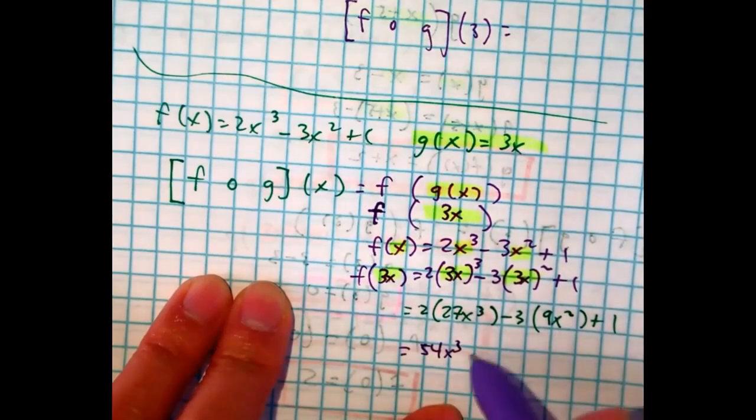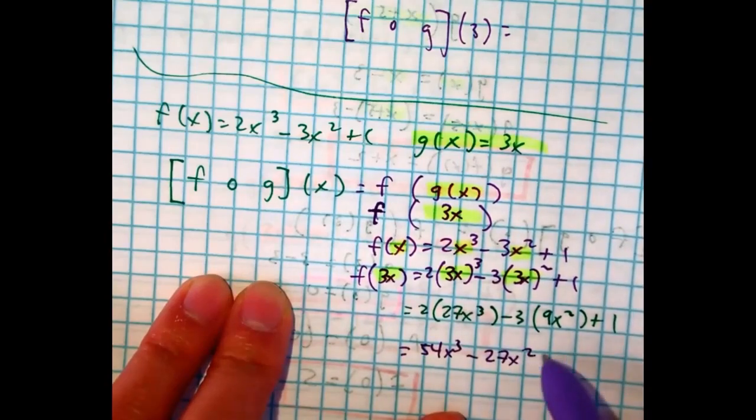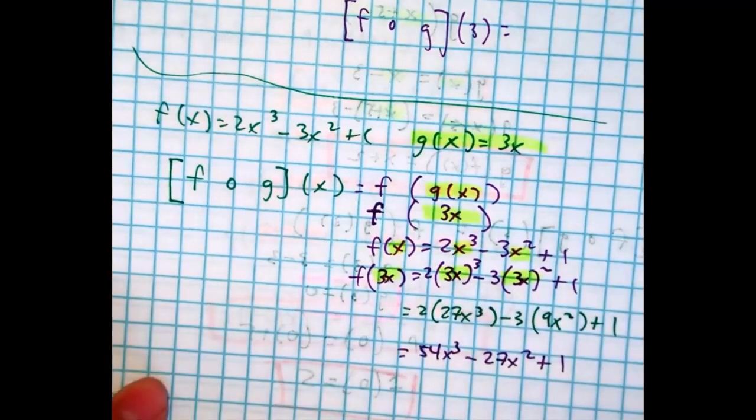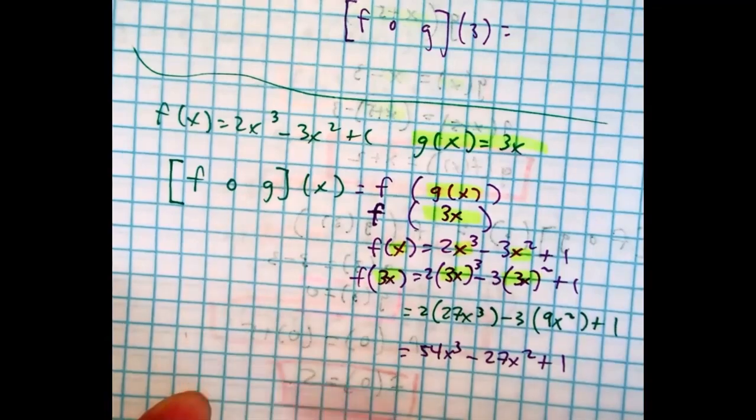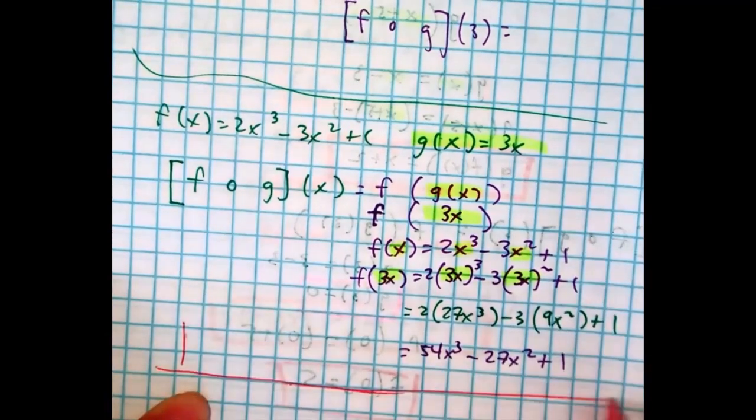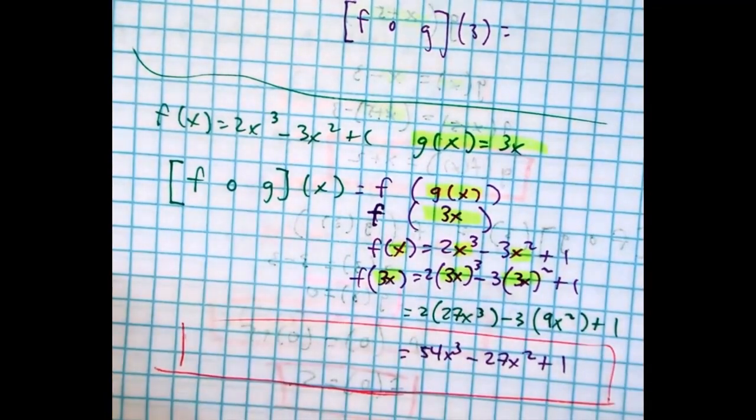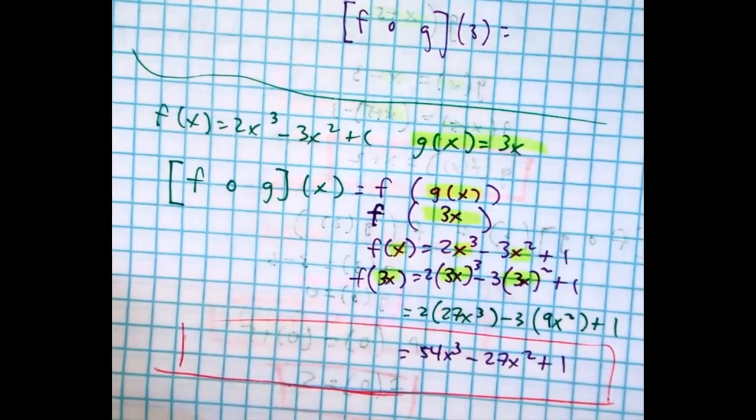Multiply there, you get 27x squared, and you have the plus 1. So our final answer is f of g of x is equal to 54x cubed minus 27x squared plus 1.